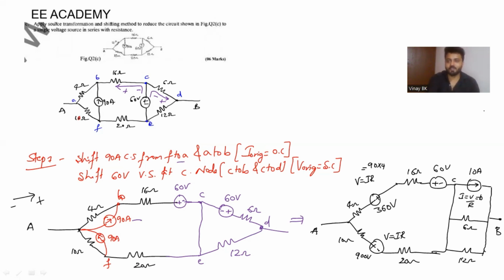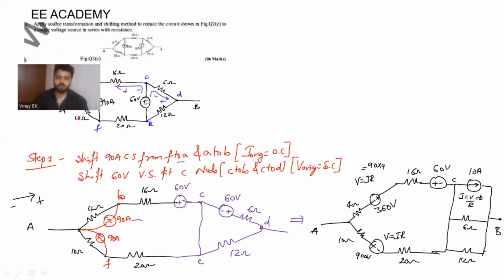Next step. So next step, what you're doing? First step, you have done source shifting. 90 amperes you shifted from F to A to B. Then 60 volts you shifted from C to B and C to D. Later 90 amperes 4 ohm, 90 amperes 10 ohm, you are transforming that into voltage source. Then 60 volts 6 ohm voltage source into current source.